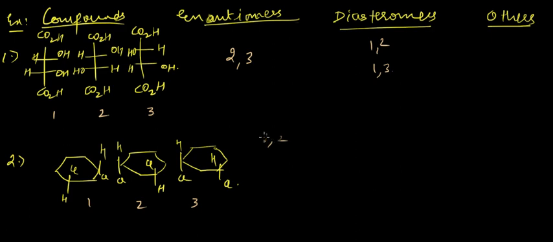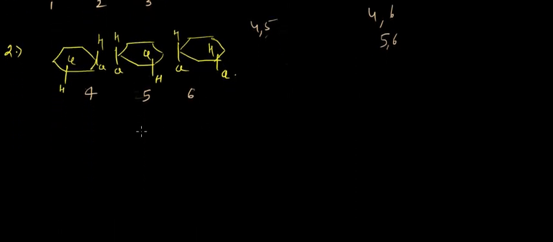So if you compare 7 and 8, and rotate these compounds across the chiral center, then you can see that they have different arrangements of groups, but they are actually very much identical.